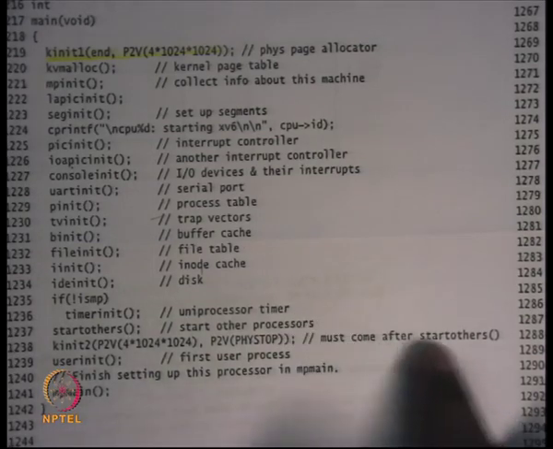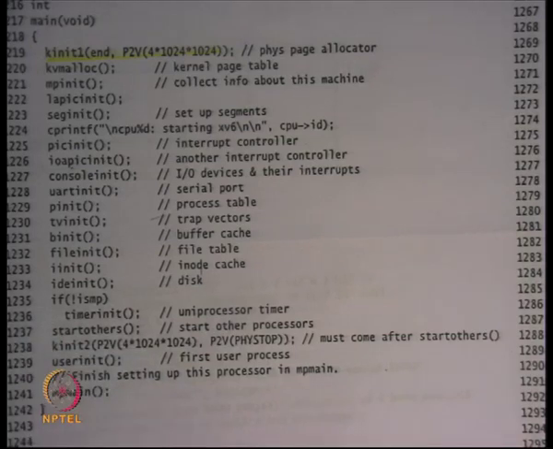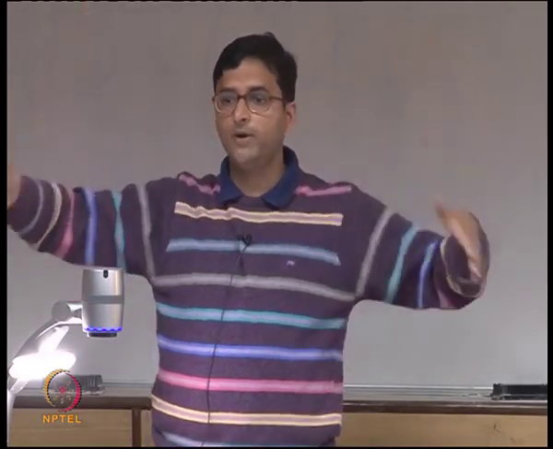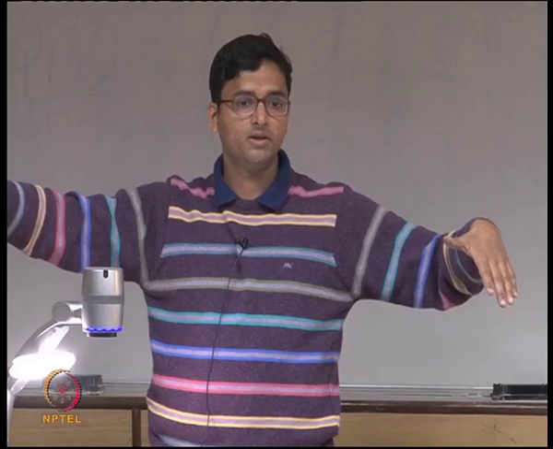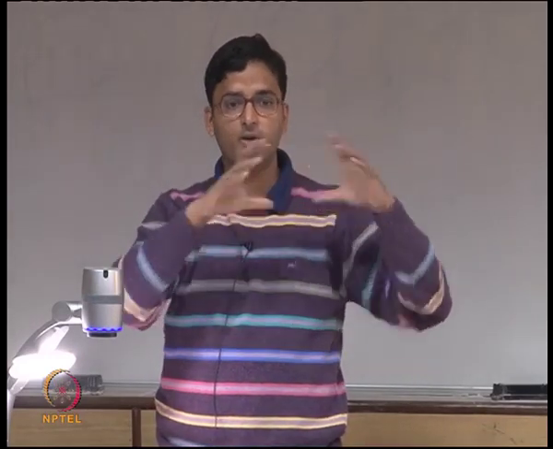Why must kinit2 come after the other processors start? Well, kinit2 relies on some initialization of locking subsystems. Because xv6 is a multiprocessor operating system, the same memory allocator serves requests to all the CPUs, and so there needs to be some locking inside the allocator, because if two people simultaneously access it, there could be issues.